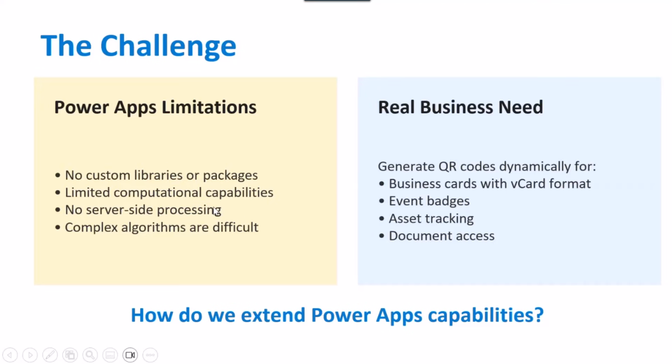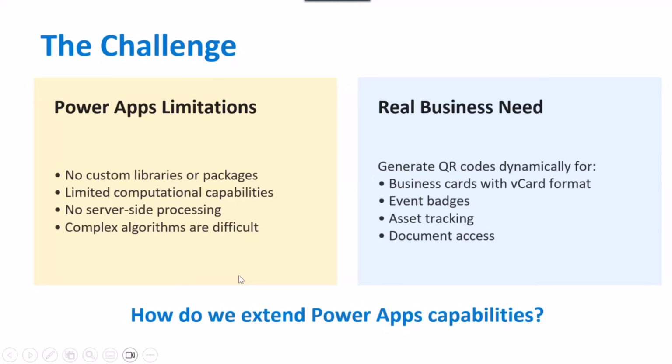For example, I've taken a use case where we're generating QR codes, which is relatable for everyone. So if you were to generate a QR code for just one contact, that's easy. You could connect your Power App to the HTTP connector, call a QR code API and do it, right?